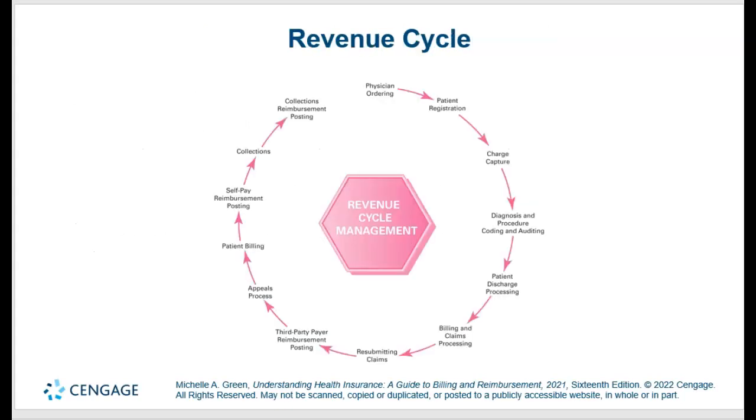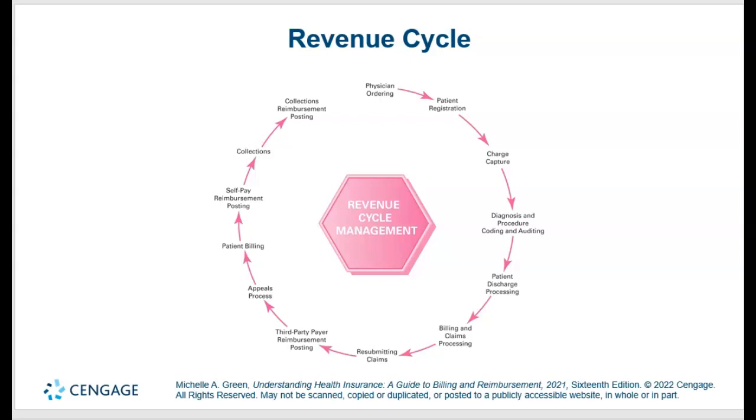All right, let's just talk here with that revenue cycle. What all happens? So first of all, whether the patient comes in to the office or possibly to a hospital, it's pretty much the same. So the patient comes in, the physician does the ordering, the patient registers, okay? And at that point, we have a charge capture.